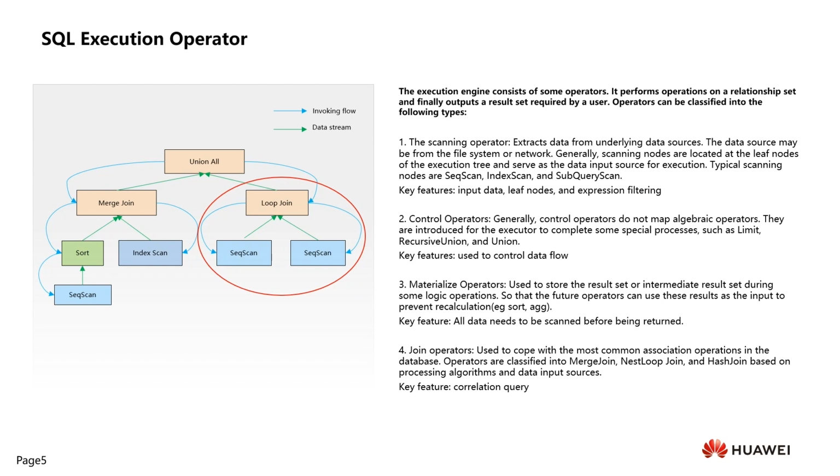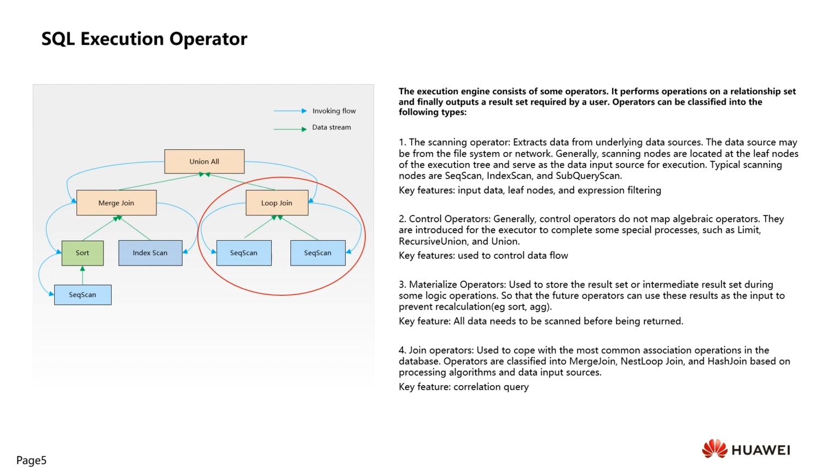Each operator, just as its name suggests, performs a certain operation. There are 4 types of operators in total in GaussDB. The first type is the scanning operator. They extract the data from the underlying data sources. It could be a file system or via network.